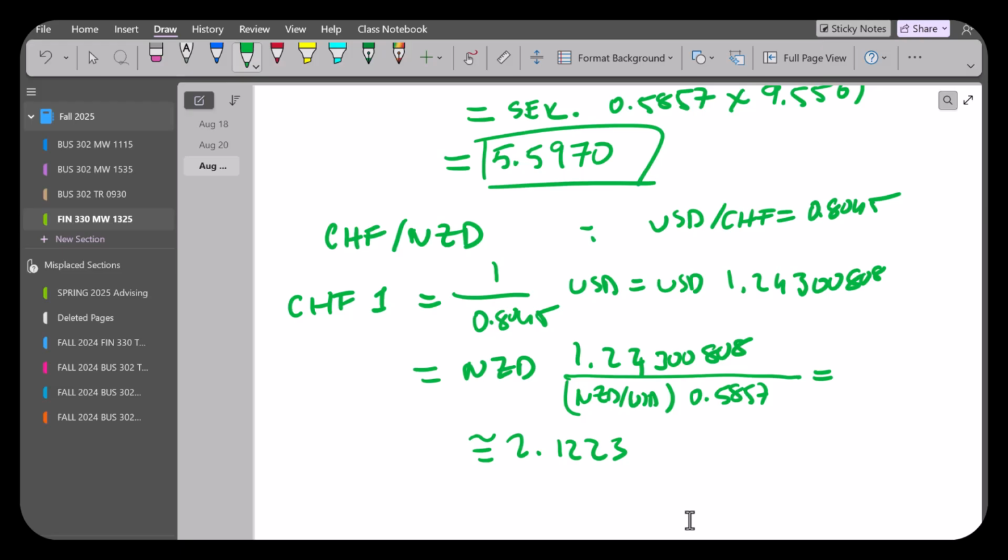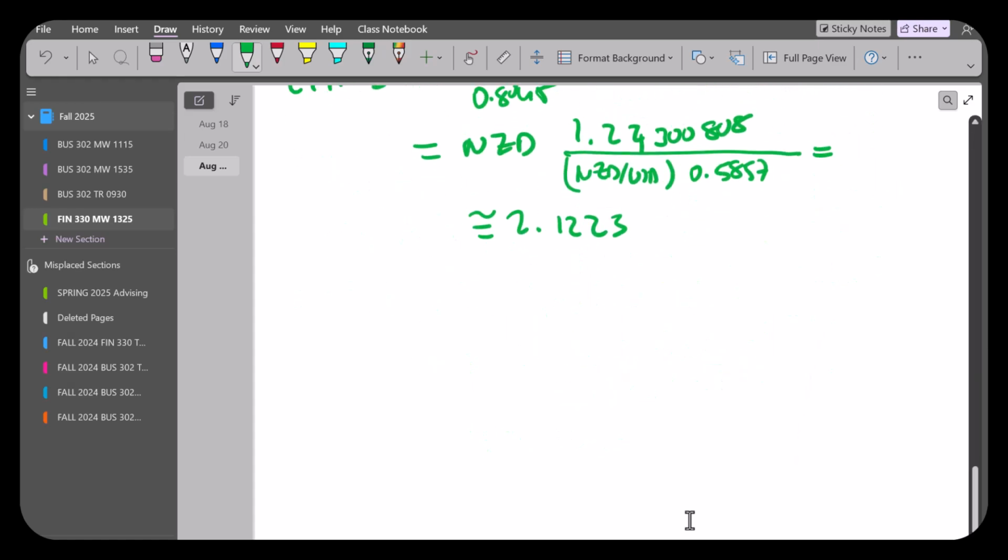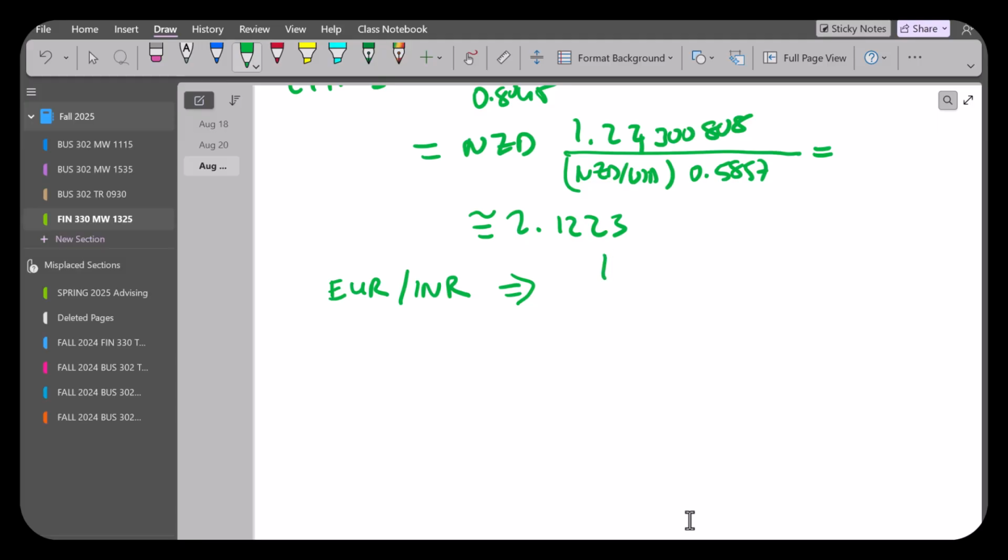Again, with different combinations, you use the exact same approach. For example, let's say I was interested in Euro Indian rupee. I mean, I think there's a rate for that, but basically, I'm going to first convert it into dollars and multiply that with, all right?